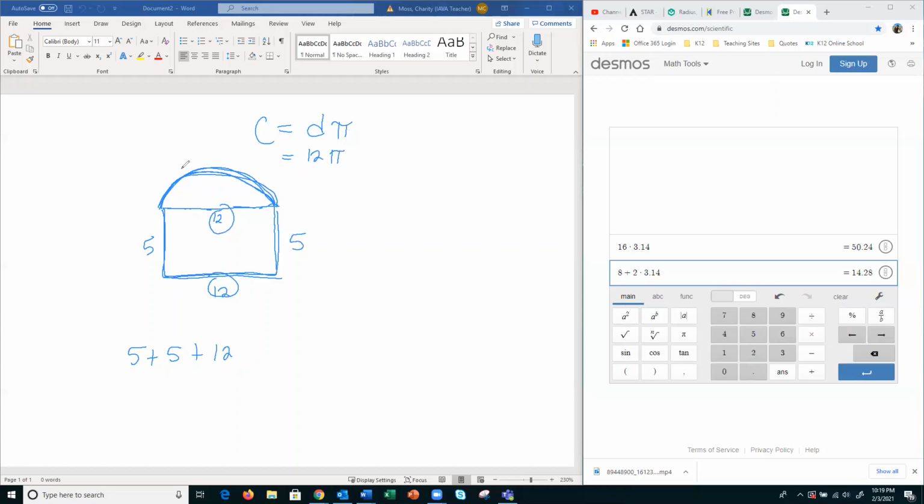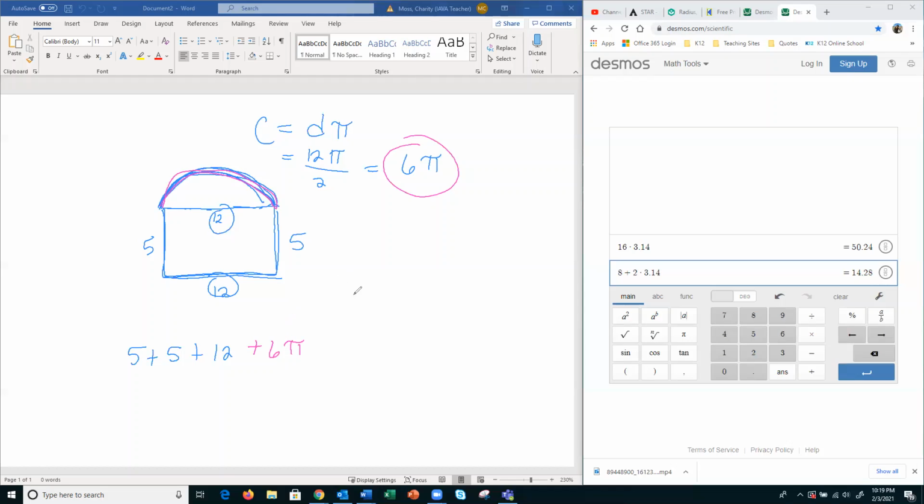But it's a semicircle. It's only half of that circumference. So we would need to take this and cut it in half, which would give us 6 pi. So this semicircle distance is 6 pi. So we would add 6 pi here.